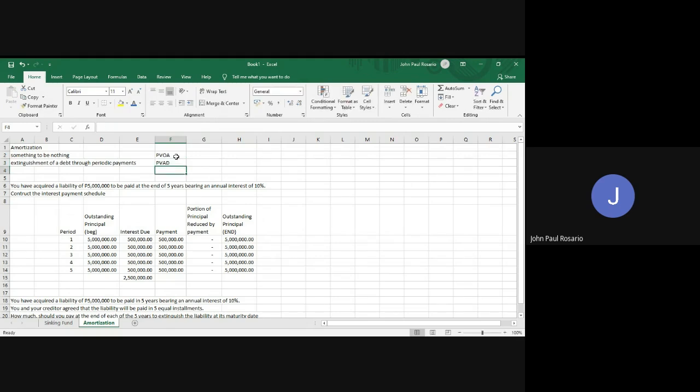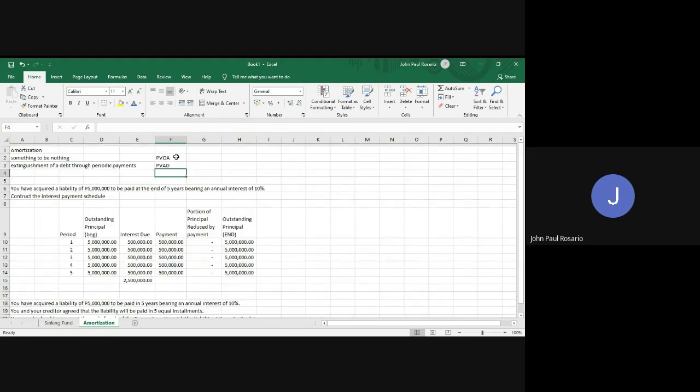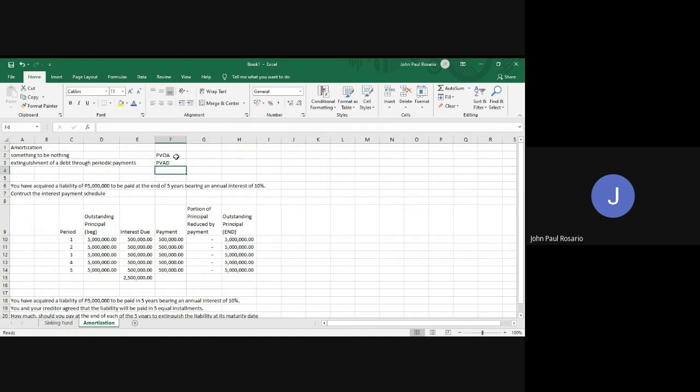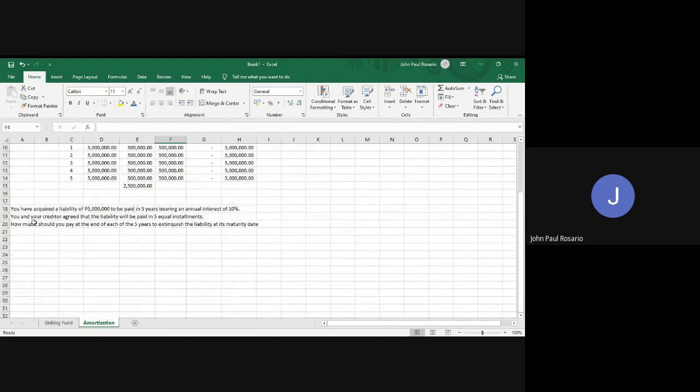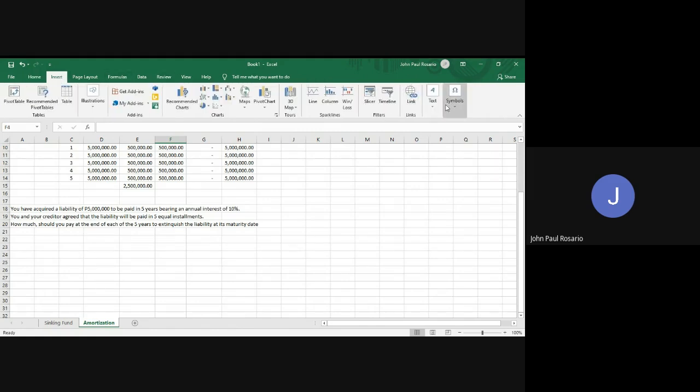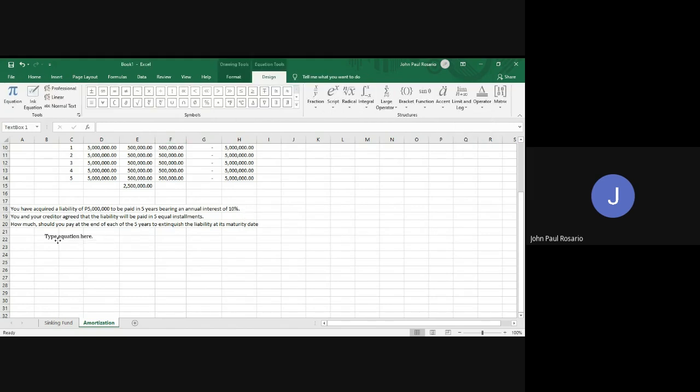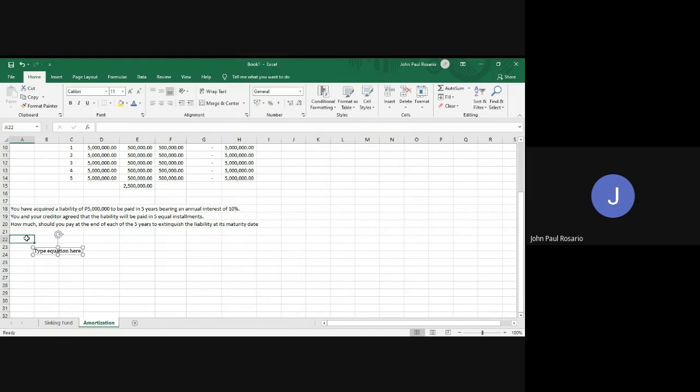Now let's focus first on solving for the payment when the problem is like this, which is at the end of each of the 5 years. So let's insert a formula. There we'll concentrate on PVOA first.